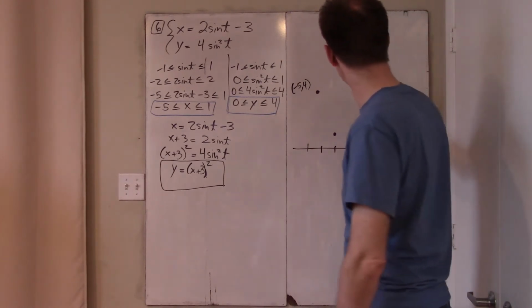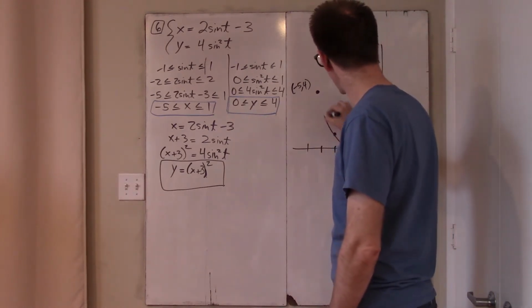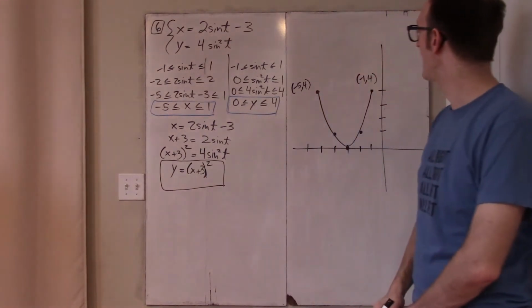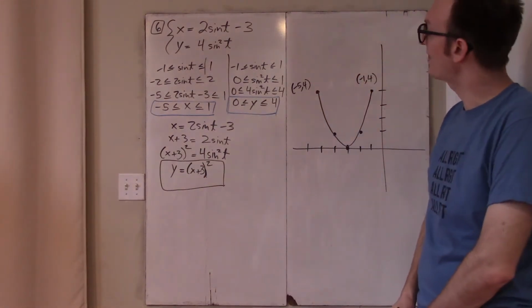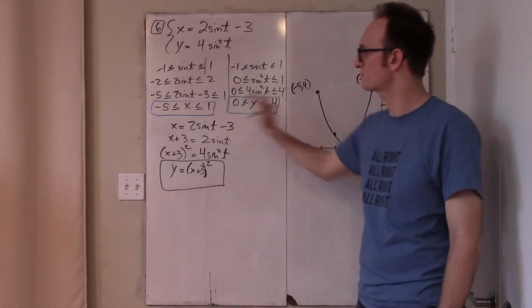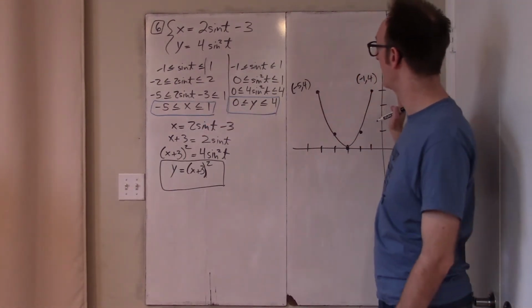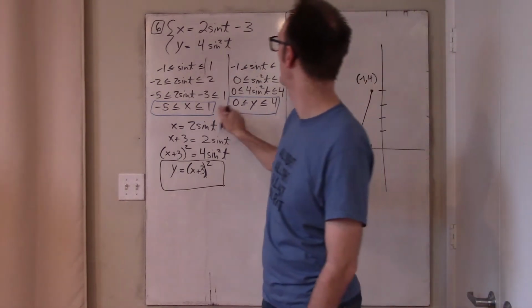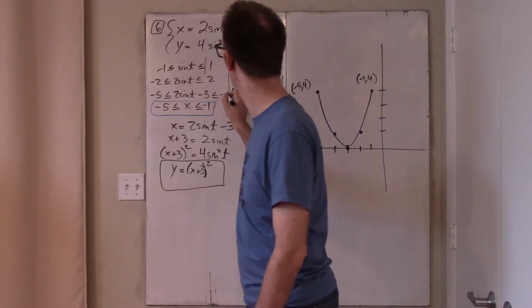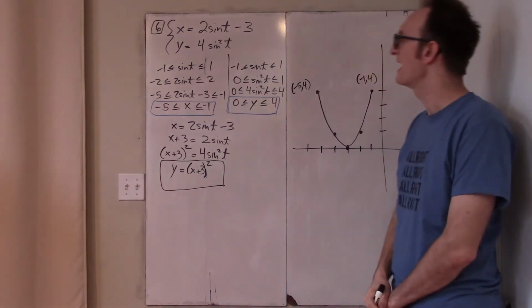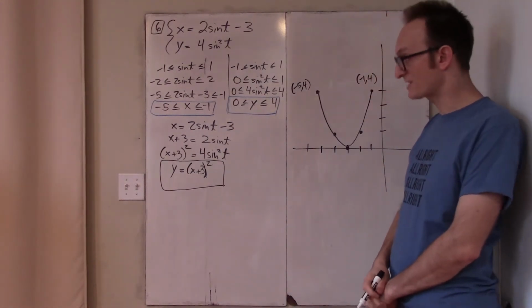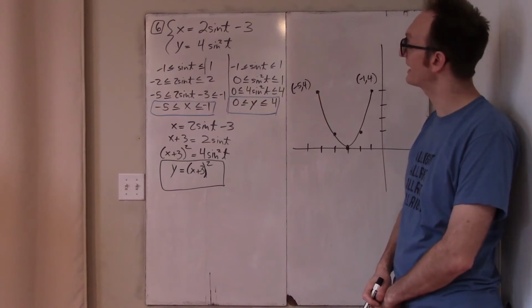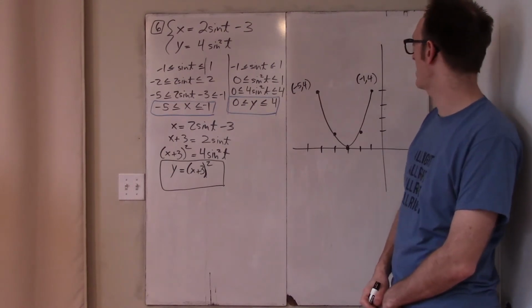So the relationship between x and y is determined by this parabolic relationship, but my x-coordinate is bound between -5 and -1. Sorry about that. Of course, the x-coordinate is trapped between -5 and -1, and the y-coordinate is trapped between 0 and 4.